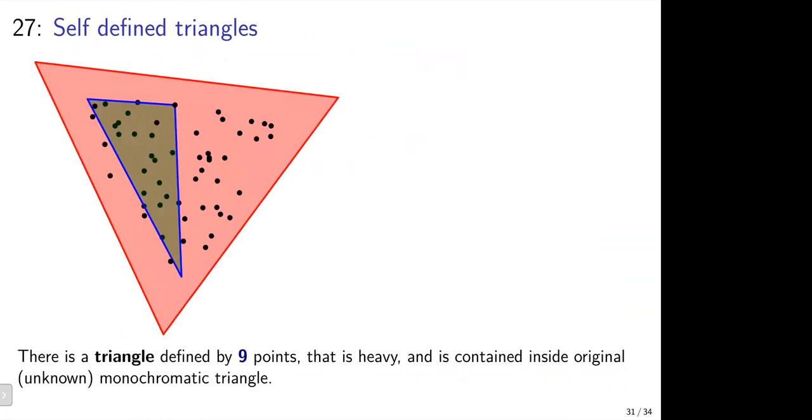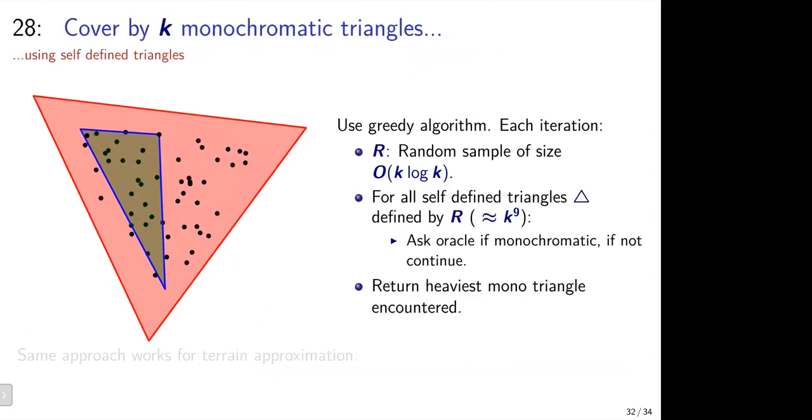And now we are back in the game, because now we can just implement the greedy algorithm as before. We take the random sample, we go through all the self-defined triangles, and for each one, we essentially ask, is it monochromatic or not, using the oracle, and we return the heaviest one that we found, heavy in the sense of the number of sample points constraint.